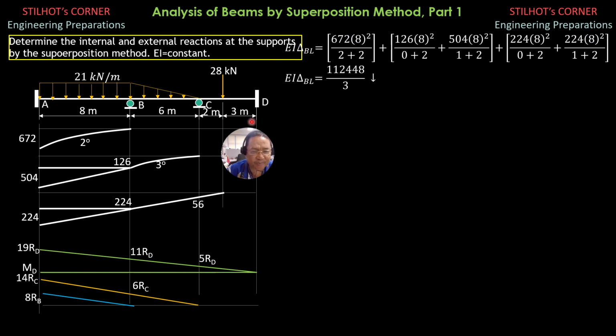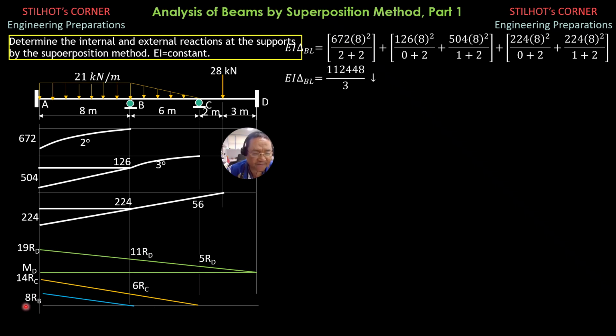And because there is a moment at D, we have moment at D. So EI, we only consider this moment diagram by parts, which has contribution to the deflection at B due to the loadings. And it is upward. Anyway, we just equate the upward deflection at B due to the reactions to the downward deflection at B due to the loadings.